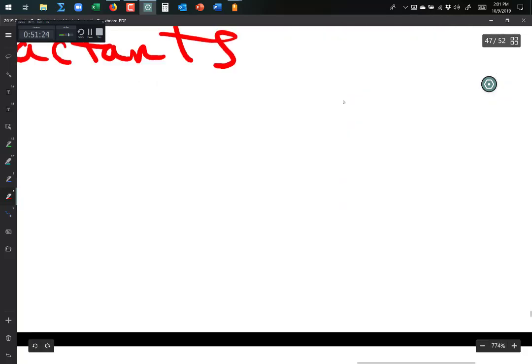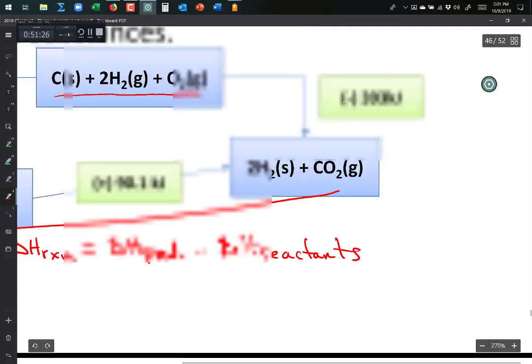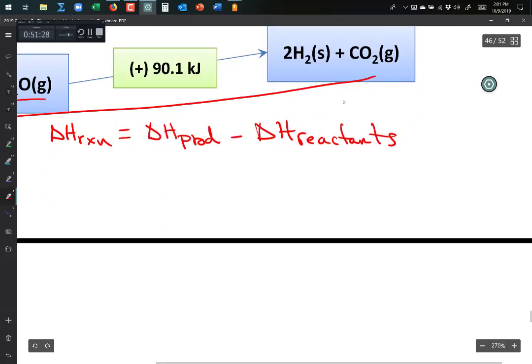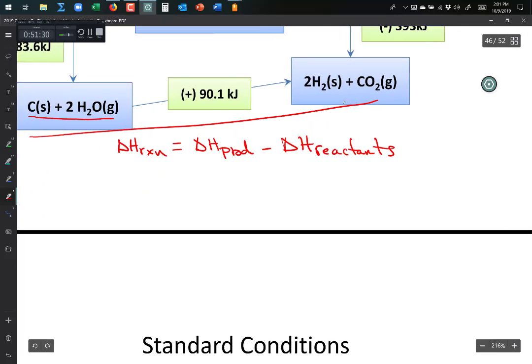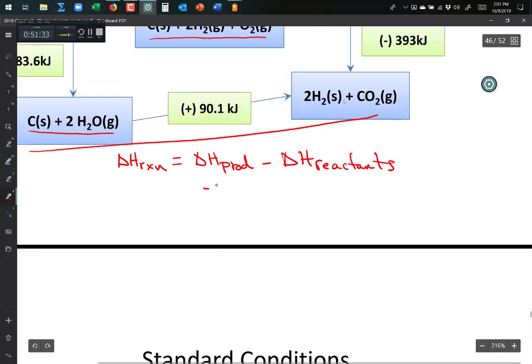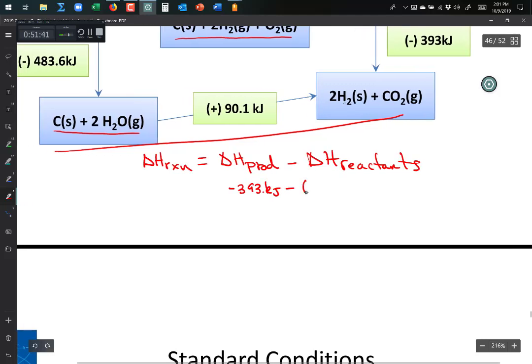So it's going to be minus 393 kilojoules minus, in this case, a minus 483.6 kilojoules. And that gives us 90.1 kilojoules.